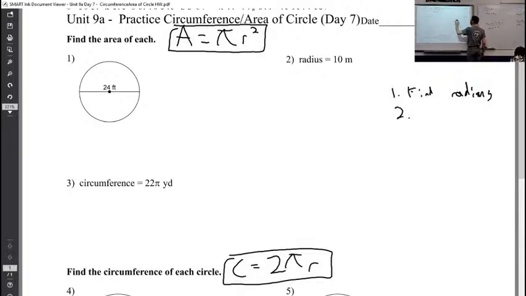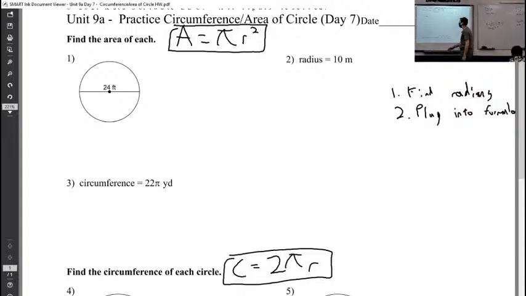And then step 2, once we have the radius, is we are going to plug that radius into the formula to get out our area or circumference, whatever we're trying to find. So figure out the radius, step 1, and step 2, plug it into the formula. Step 3, there is no step 3. You're done. That's all we're doing on these problems.